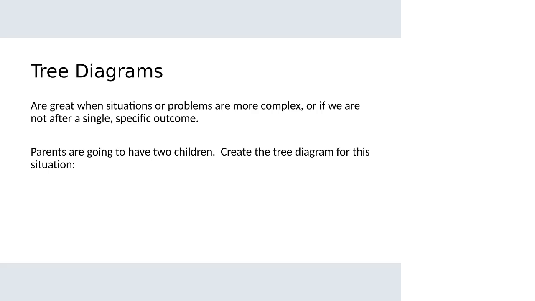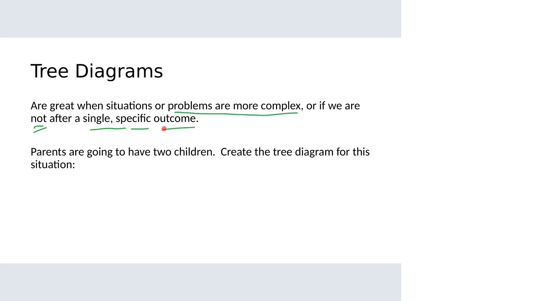When the situation is more complicated, that's when we need a tree diagram. That's what we're going to talk about next. Tree diagrams are great when our problems are a little more complex. To say that another way, it's when we're not looking for a single specific outcome.